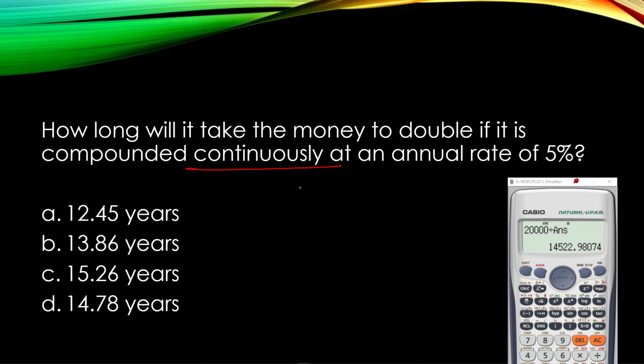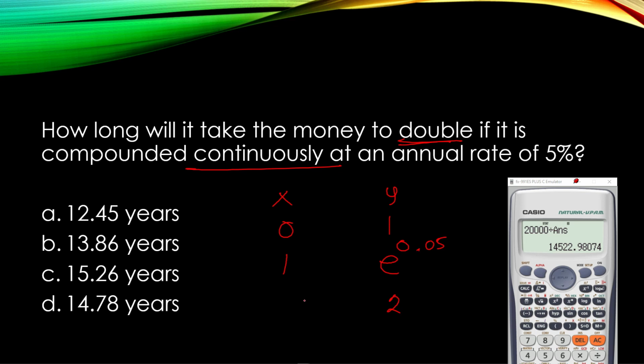So, nangyayari ganito. We have x, y, and then we have 0, 1, 1, e raised to the power of 0.05. And then, double. Okay, take note, double. So, ito, double din dito. Di ba? Magiging double siya.